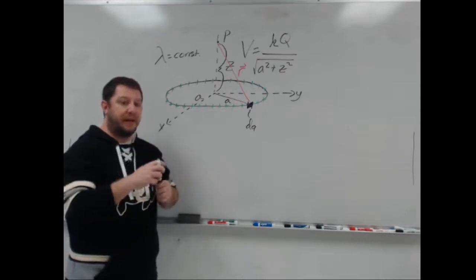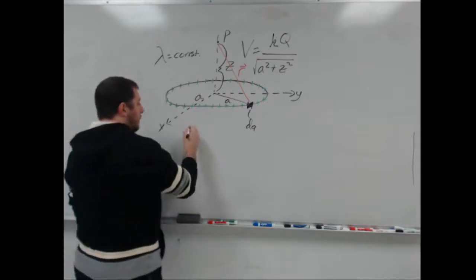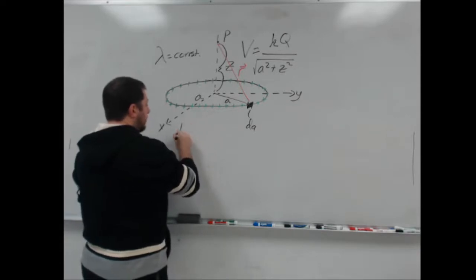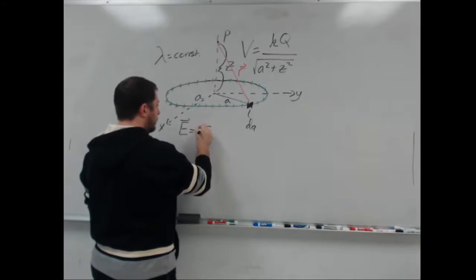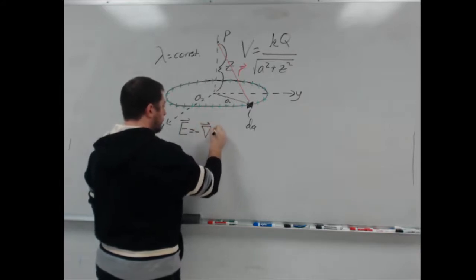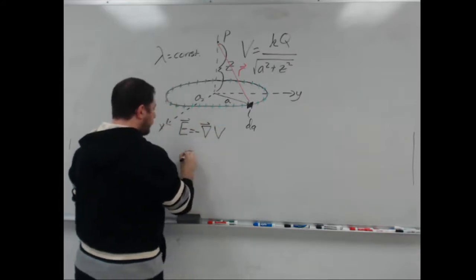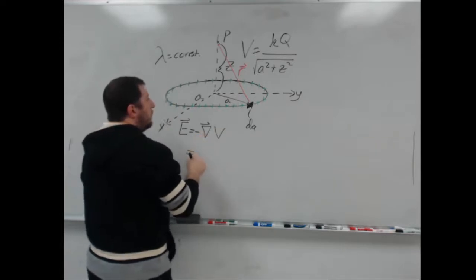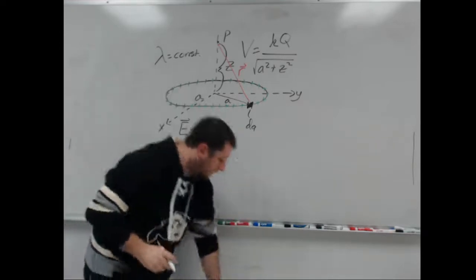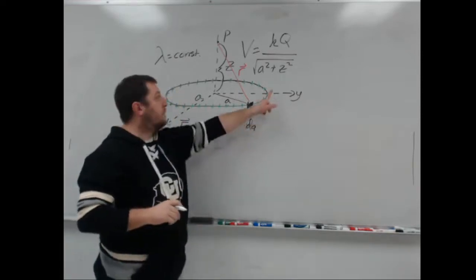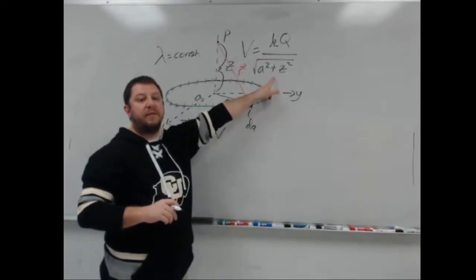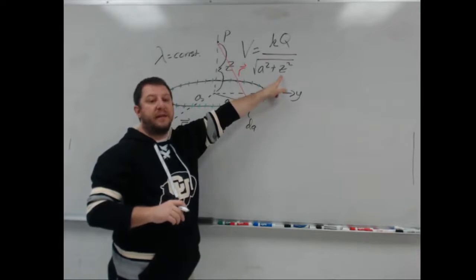Now, how do we actually calculate it? In this case, our potential function is only a function of the z variable, right?